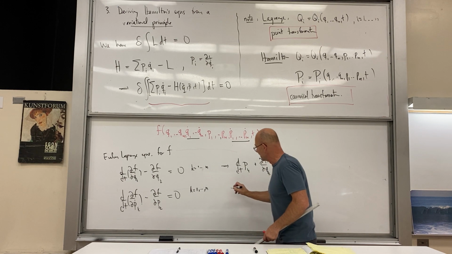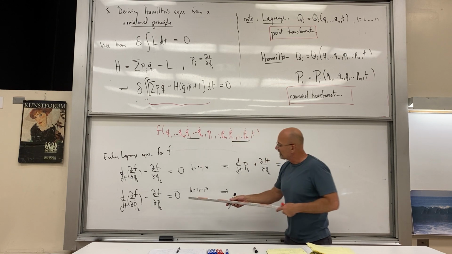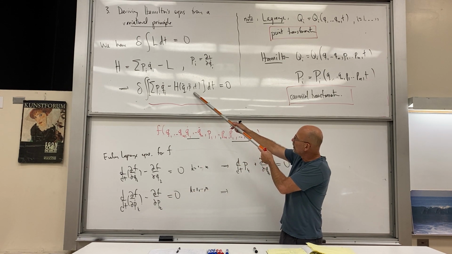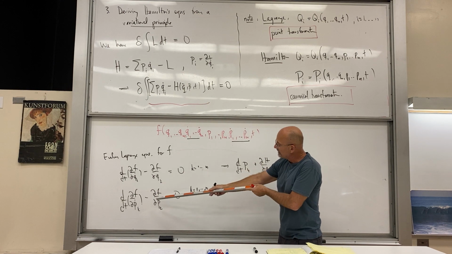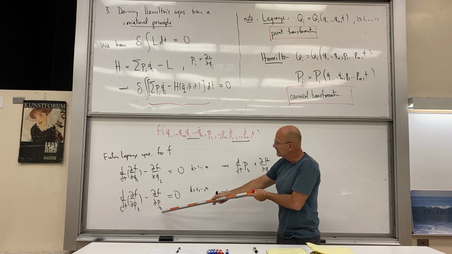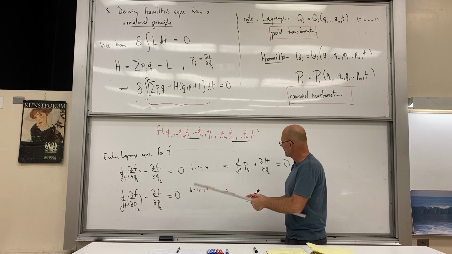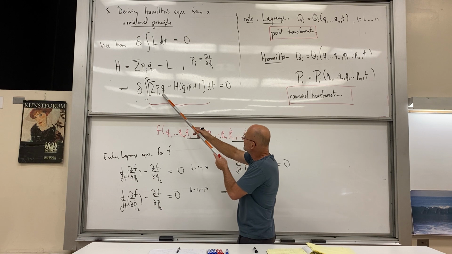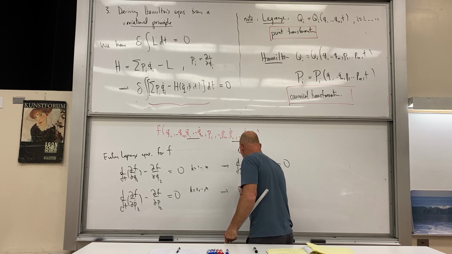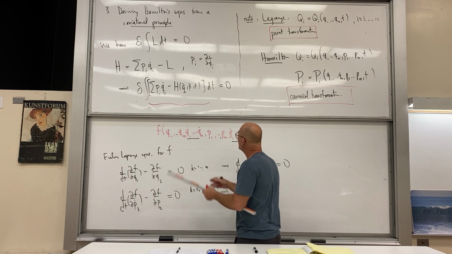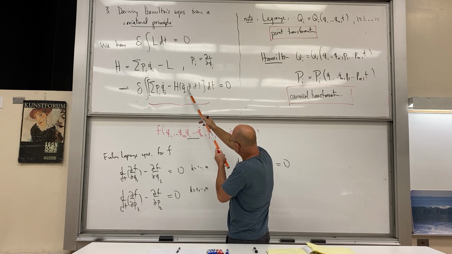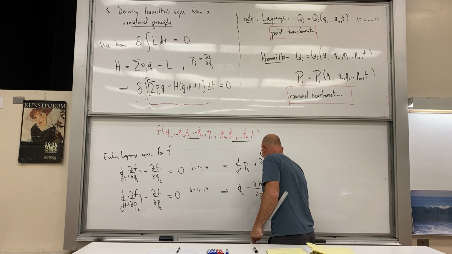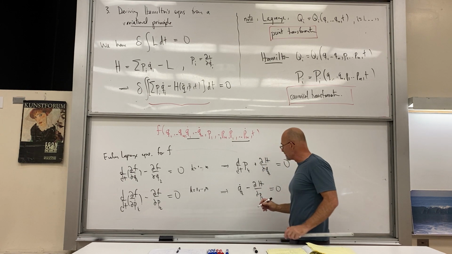And on the bottom one here, we don't even have an explicit P_K dot. There are no P dots in here, therefore this is 0, therefore dF/dP_K is equal to 0. But dF/dP_K is Q_K dot minus dH/dP_K equals 0.